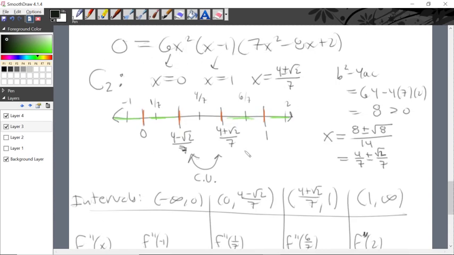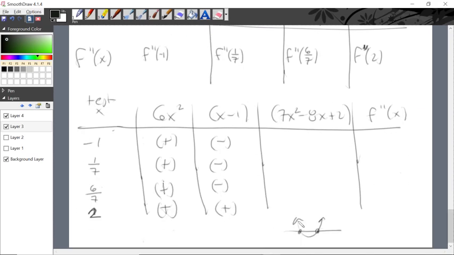So we have 4 plus or minus root 2 over 7. This one is 4 minus root 2 over 7, and this one is 4 plus root 2 over 7. So we can evaluate just this factor to see if it's positive or negative by using the sketch of the graph of this parabola.